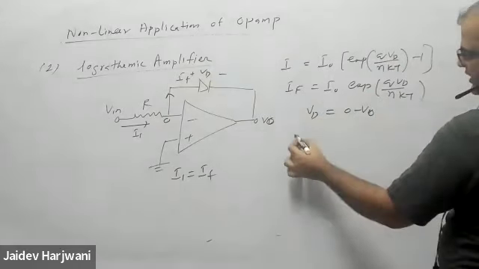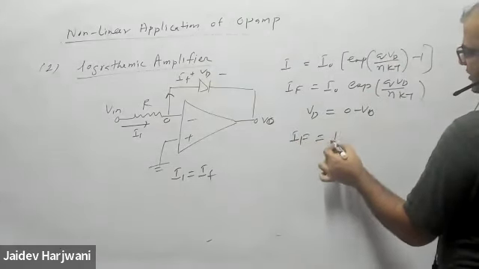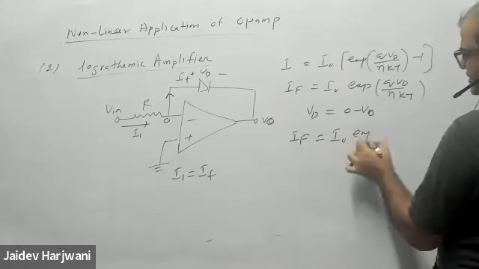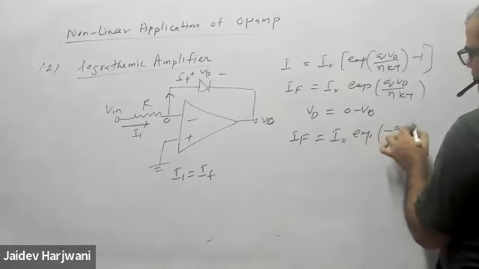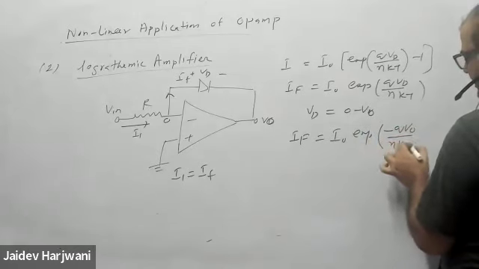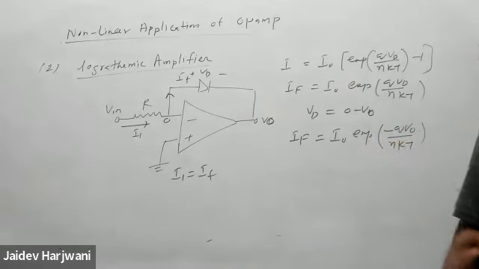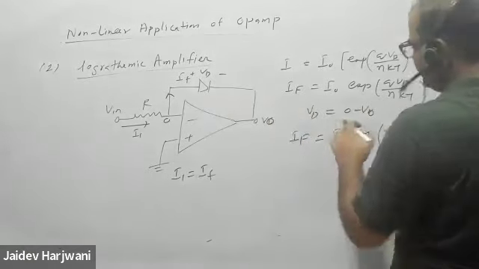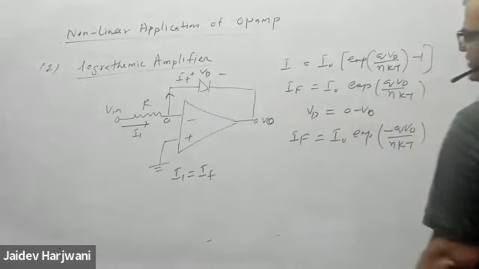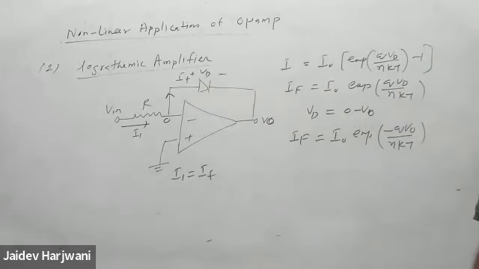Okay. So my current IF will become I naught exponential minus QV naught upon eta kT. V naught will become negative because of the inverting configuration, so this will become positive. Okay. So we'll see that one later.